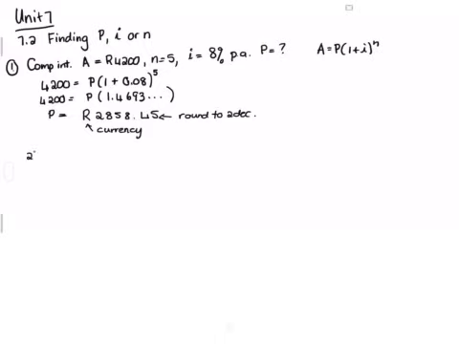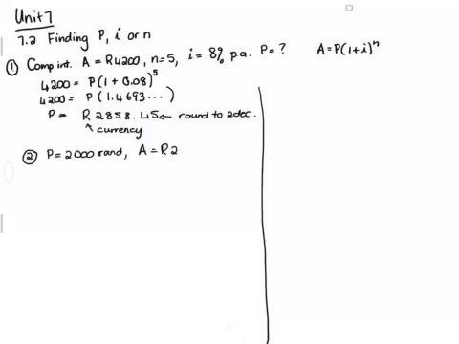Okay, question 2. I'm going to put a little line down here so we've got space for number 3 as well. Initially I invested 2,000, I didn't put the units in here, I'm just going to put the word Rand in. And at the end of my time, I had 2,860 Rand.